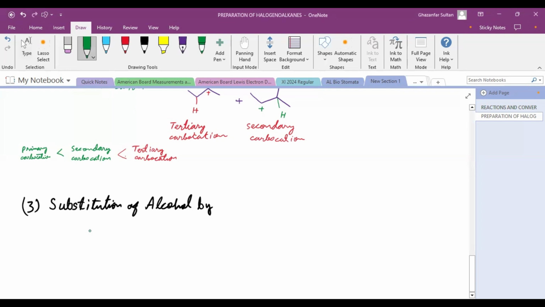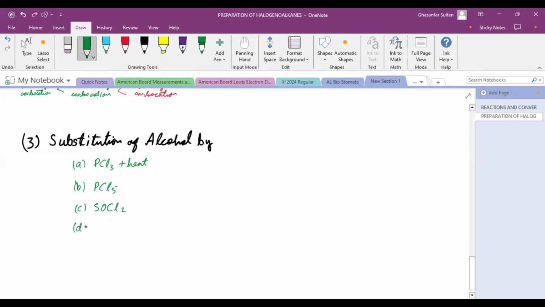The third method is the substitution of alcohol by PCl3 by heating, alcohol by PCl5 at room temperature, SOCl2 at room temperature, D with HCl or HBr, and E is with KCl with concentrated H2SO4.